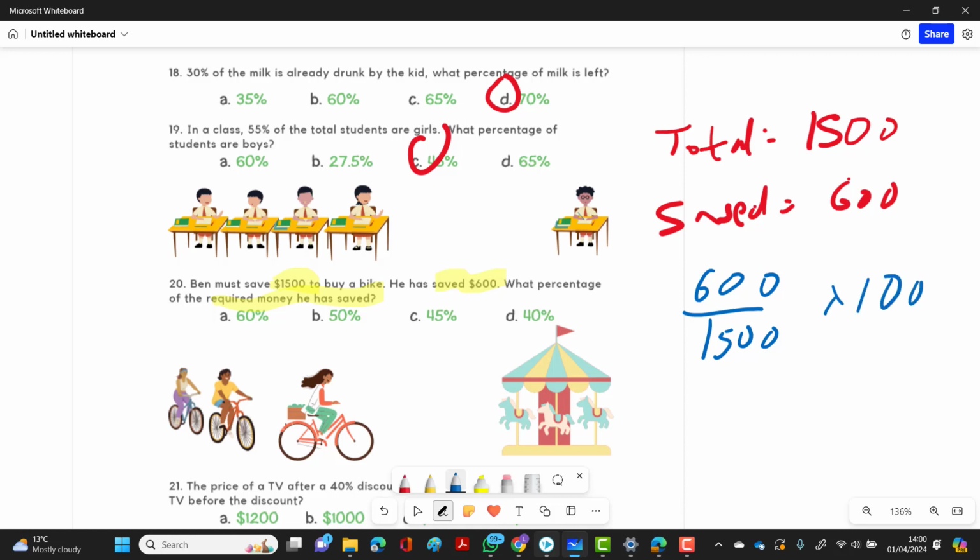So cross off the matching zeros. And you do 600 divided by 15. So that goes in 40. That would be D.